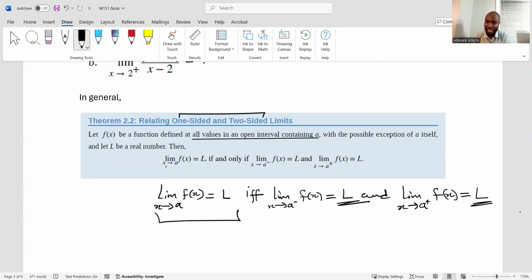If they are different, then, let me put it here, otherwise, we will say that the limit as x goes to a of f of x does not exist.